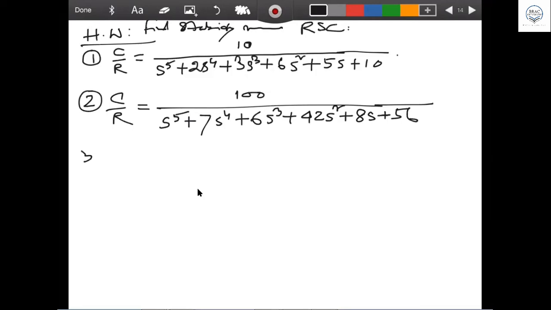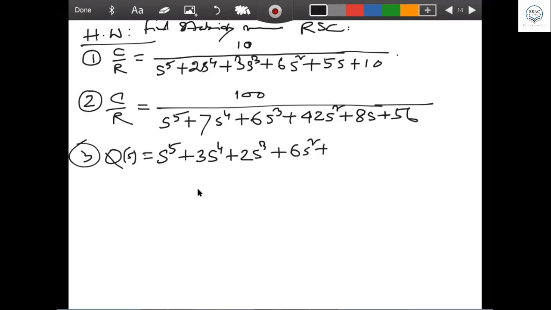And number 3: Q(s) equal to 0, s to the power 5 plus s to the power 4 plus 3s to the power 4, 2s cube, plus 6s square plus 6s plus 9. This is one of the problems you can solve as well.